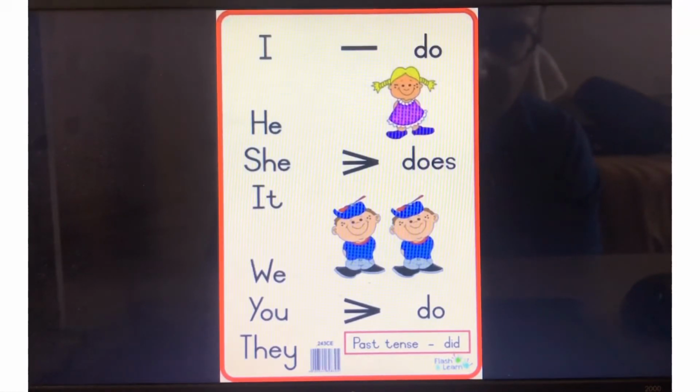As you can see in the images, we have this divided into sections, which is plural and singular. Remember, guys, to be very cautious with you, because the word you can be singular or plural, but in either way, you will use the word do.